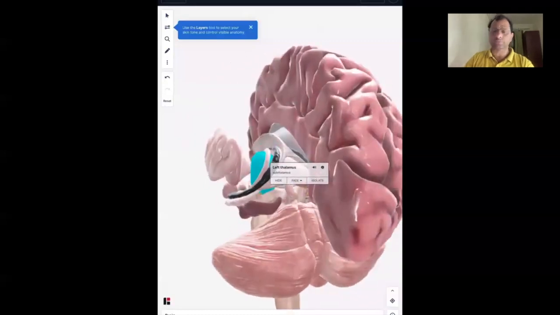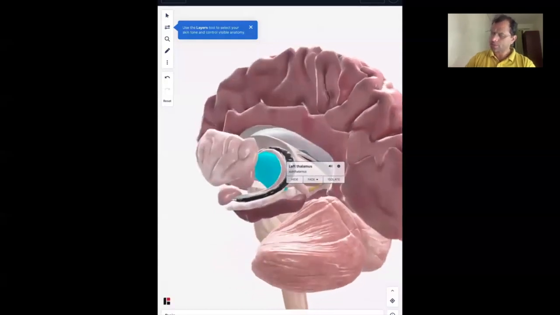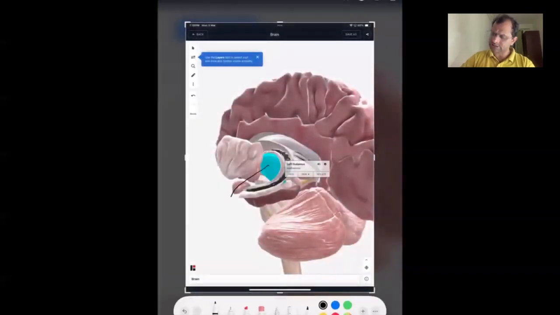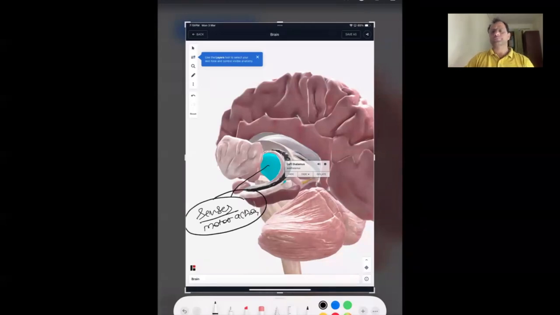Just as I told you, if someone is beating someone, the person feels it through the thalamus. So thalamus is feeling the senses, and it's also connected with the motor action. It's connected with the sensory and the motor signals.